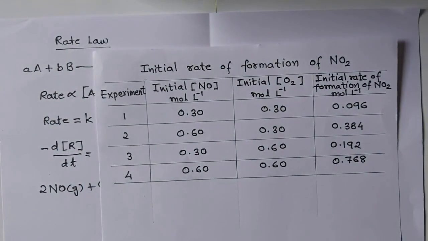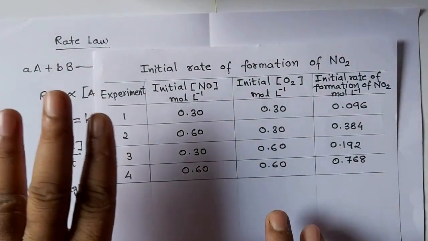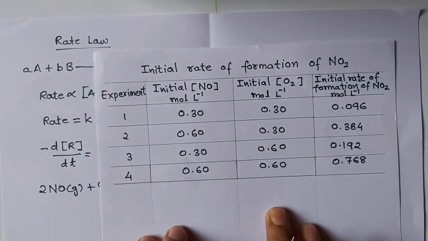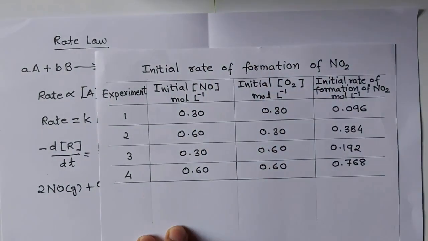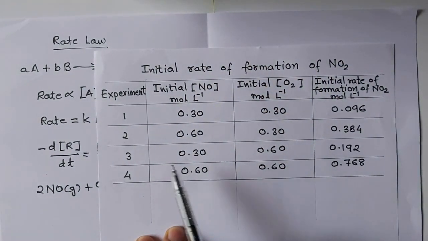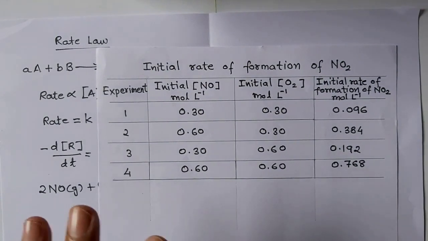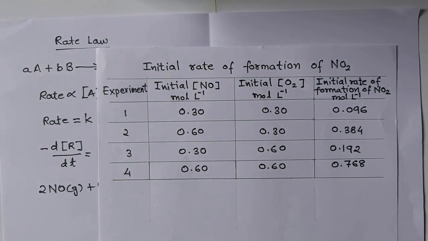Now, we collected data: we performed the chemical reaction, and the initial rate of formation of NO2 is put into this table. This table is also shown in the textbook. Now, what information is it providing to us?